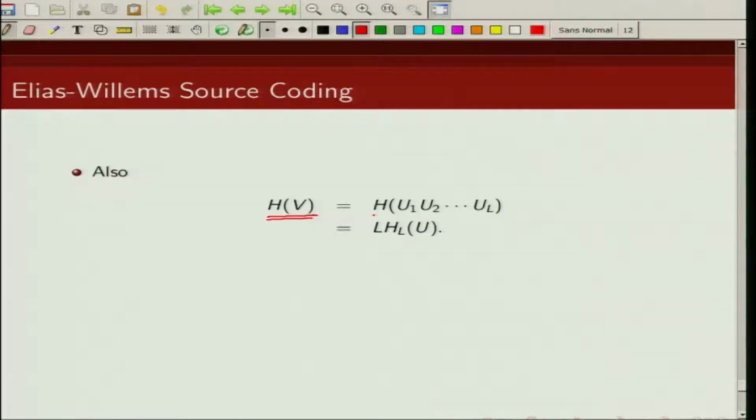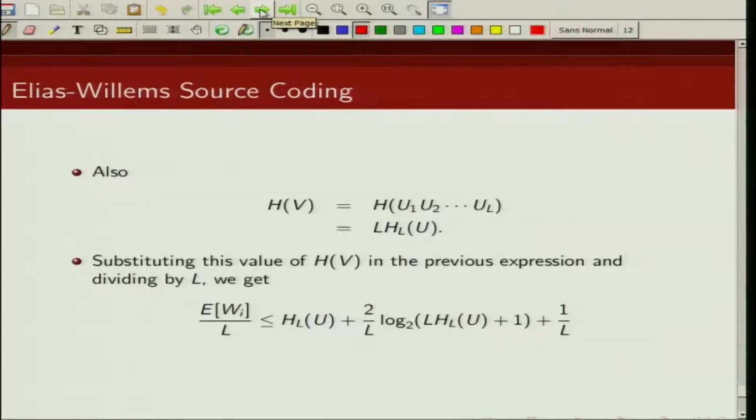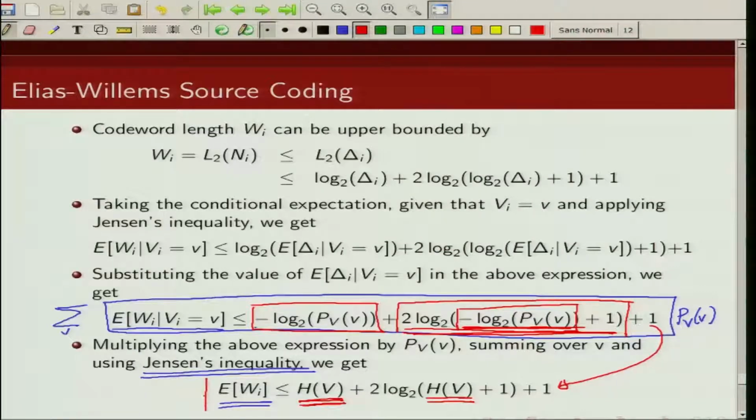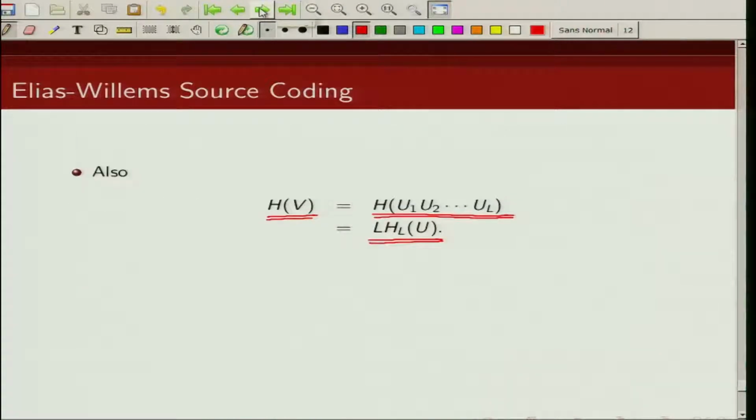So, H of V is nothing but uncertainty in u1, u2, u3, up to uL, and I can write this in terms of uncertainty per letter, that is L times H of L u. Now, in this particular expression that I derived, I am going to replace H of V by L times H of L u.